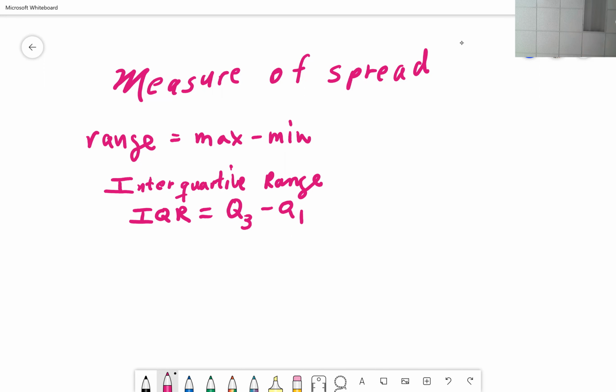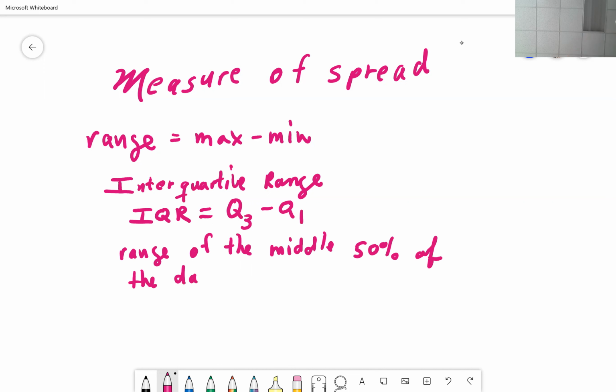So that's what interquartile range is. It means the range of the middle 50% of the data.